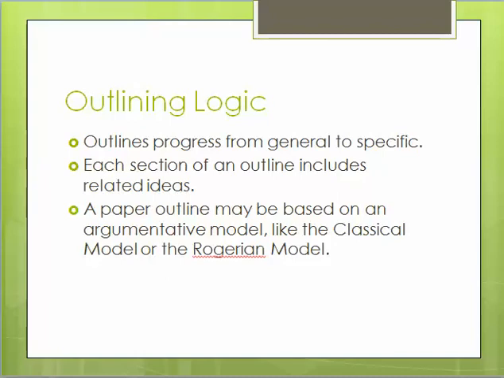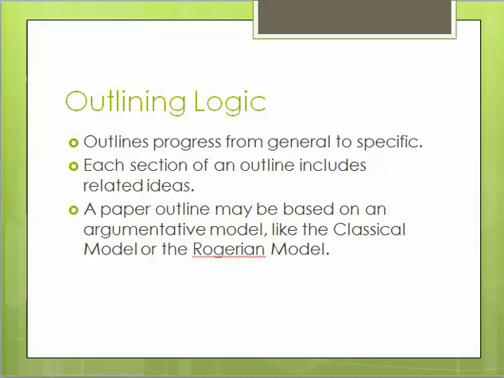So perhaps you'll take the classical model and you will take, say, the background section and you will formulate a topic outline that outlines the background section, and then you might use the topic outline to outline the arguments and claims section. So the two of them can work together.